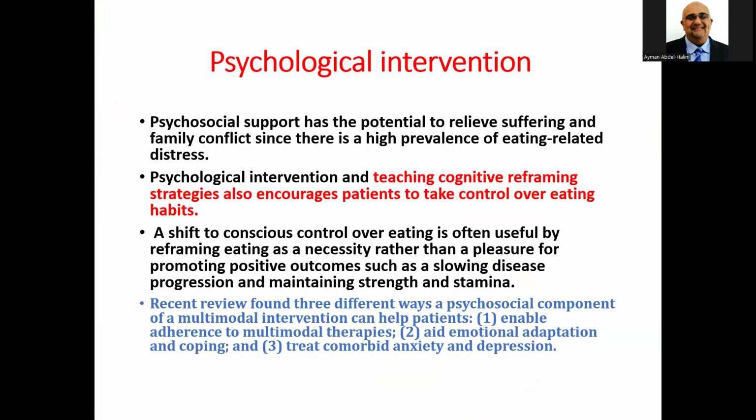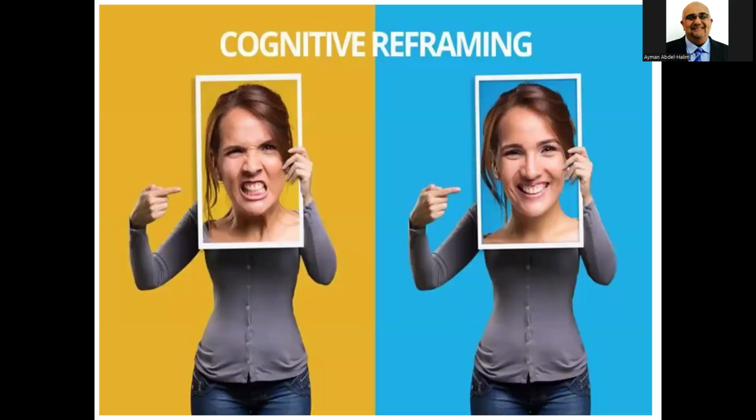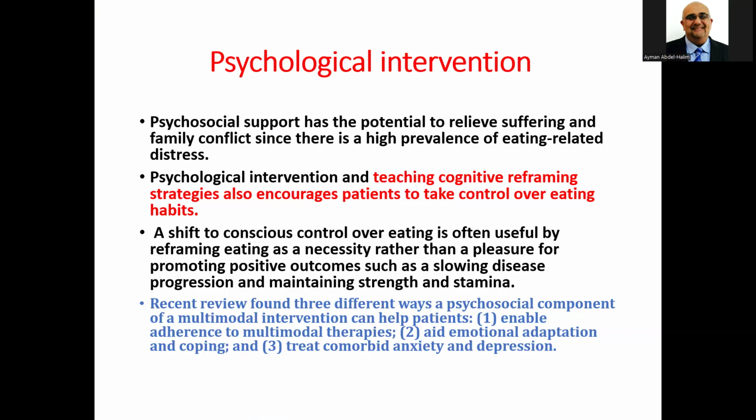Psychological intervention is also extremely useful in Cachexia Anorexia syndrome. Basically, we're trying to teach cognitive reframing strategies. Remember this terminology here, cognitive reframing. Cognitive reframing helps with the Cachexia Anorexia syndrome.